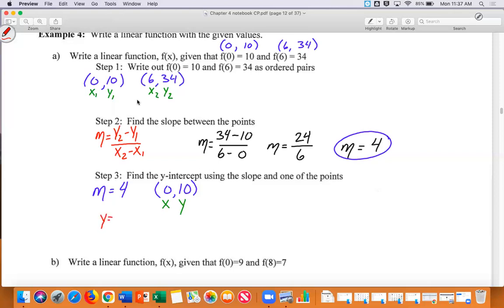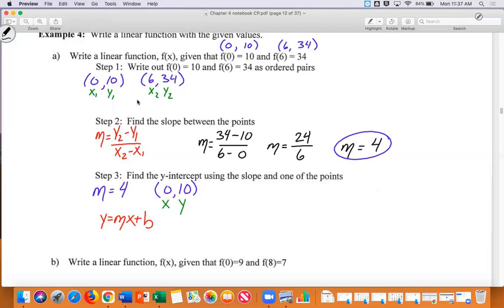I'm going to write y equals mx plus b. What is step number 3? Isn't it substitute them in? It is substitute.